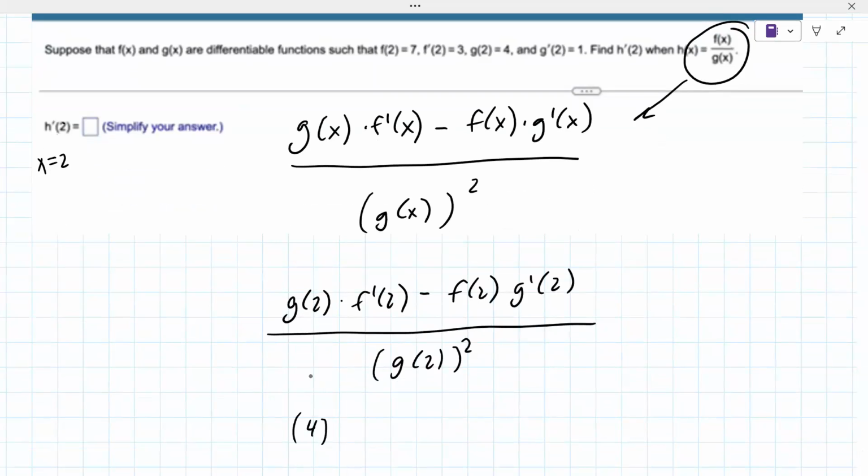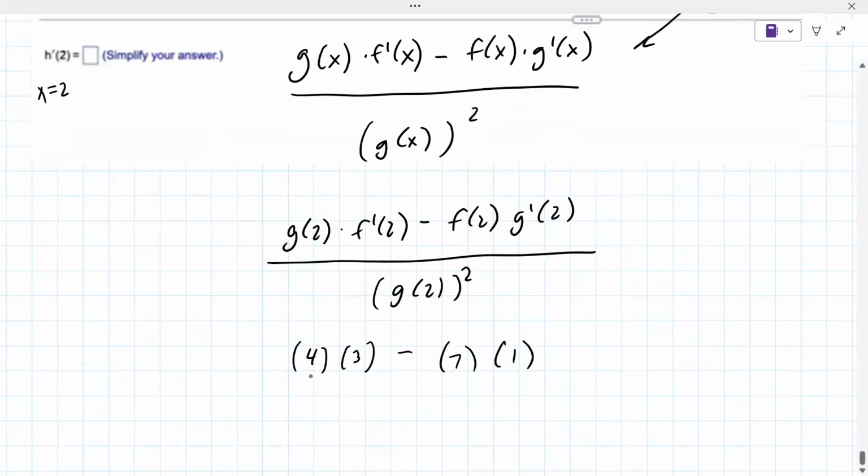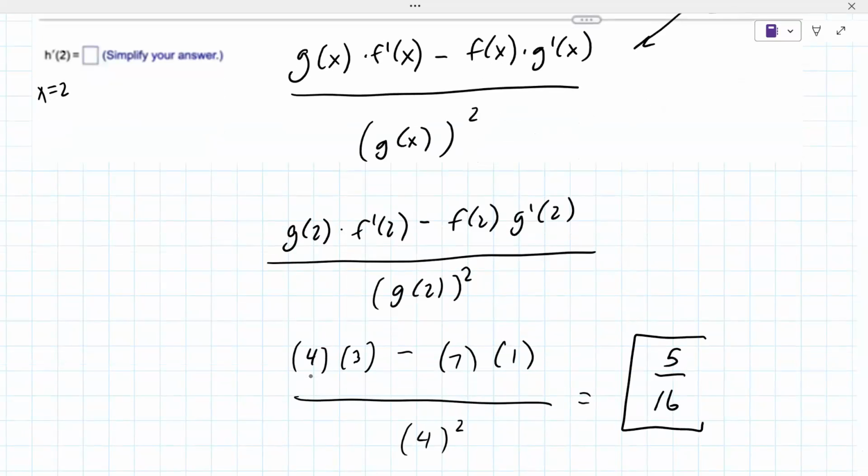F prime of 2 is 3. F of 2 is 7. G prime of 2 is 1. G of 2 is 4. There's no way to know if you're going to get a nice answer. So it becomes 12 minus 7, which is 5 over 16. You do tend to get something like this on the test.